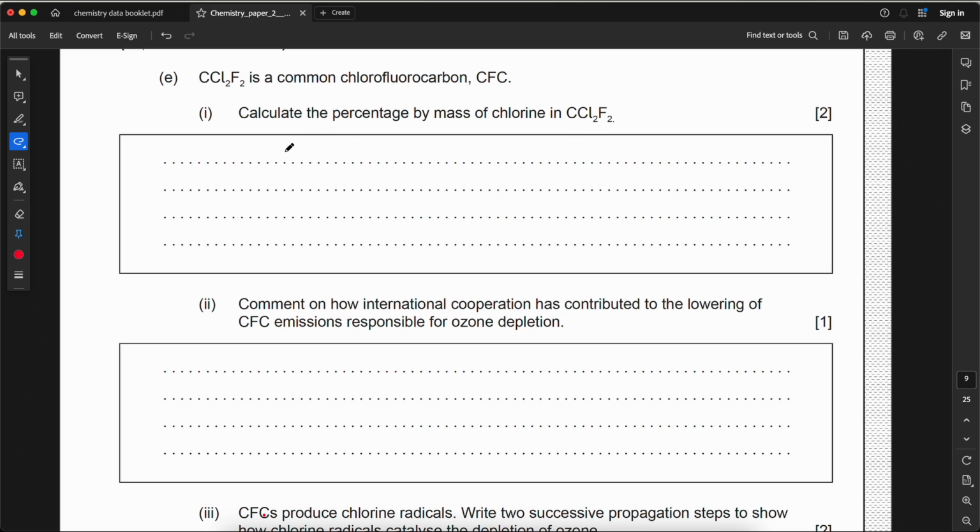To calculate the percentage mass of chlorine, we do 2 times Ar of chlorine, because we've got 2 chlorine, divided by Mr of CCl2F2. So 2 times 35.45 divided by 120.91 times 100, which is 58.64%.